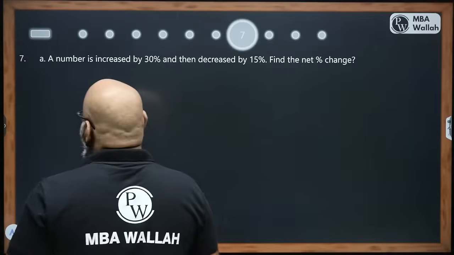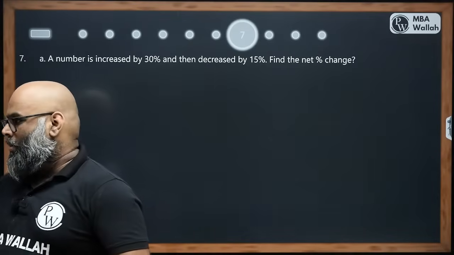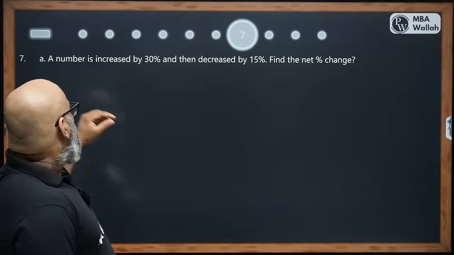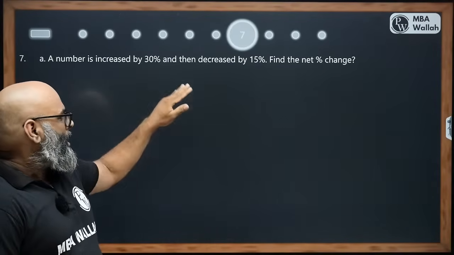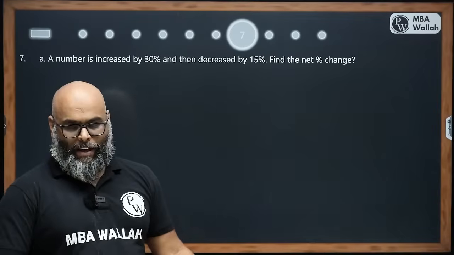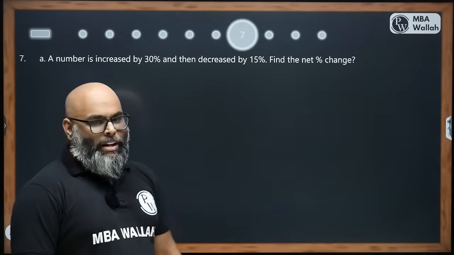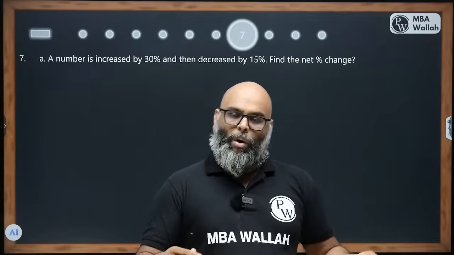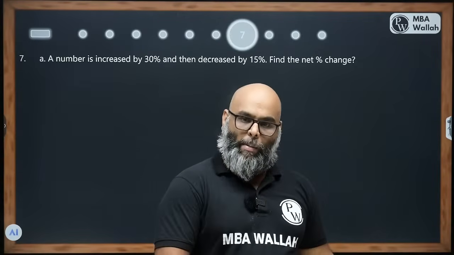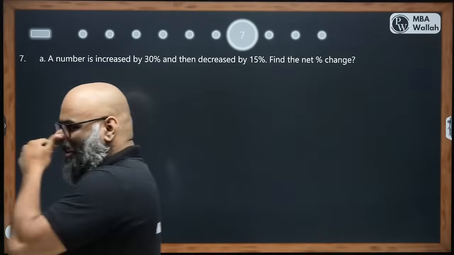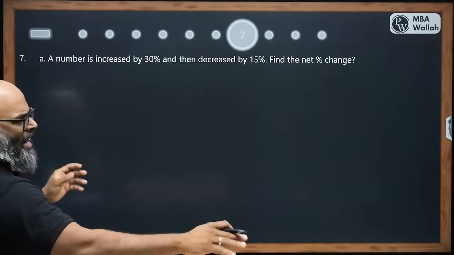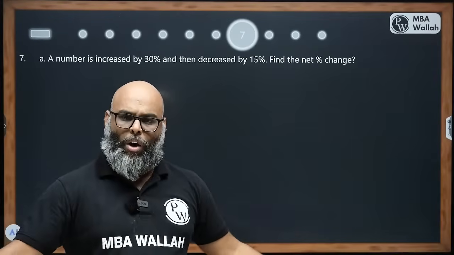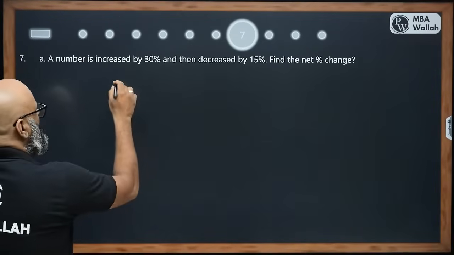Just 4 more questions. We'll quickly do this. A number is increased by 30%, then decreased by 15%. Find the net change. Now I'll show it to you in 2 ways. One by picking a value, one by doing our method. Take any number. I don't care what number we pick. So what I'm going to do is take 100.